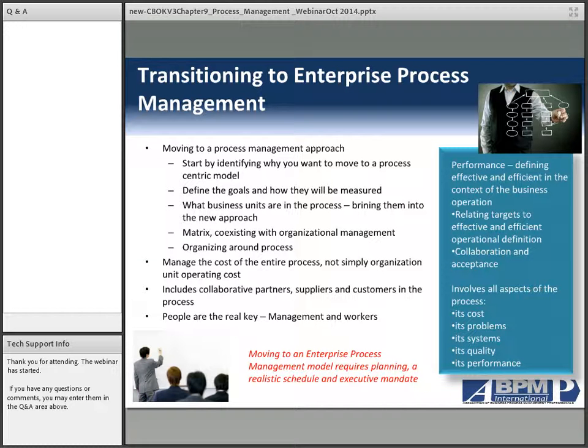It's not really an endpoint, because you're always looking at how you can do this and how you can expand it. One of the things that ABPMP could be used for is to help in that search. We've got a lot of mechanisms that allow our members to contact and talk to one another, and that type of interaction can be extremely valuable.